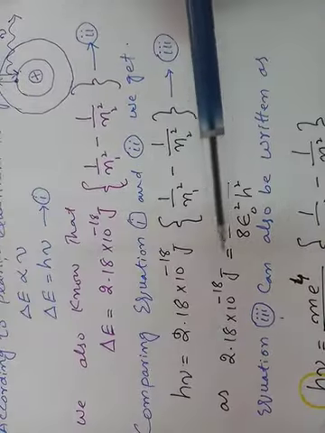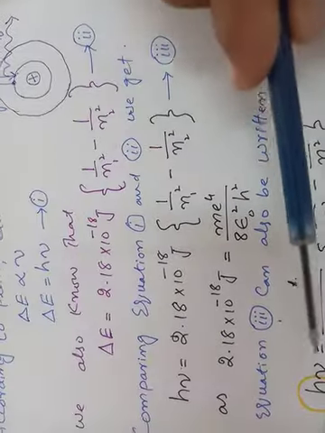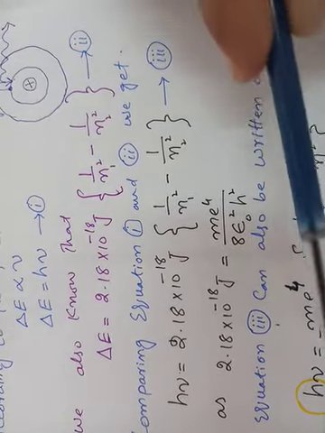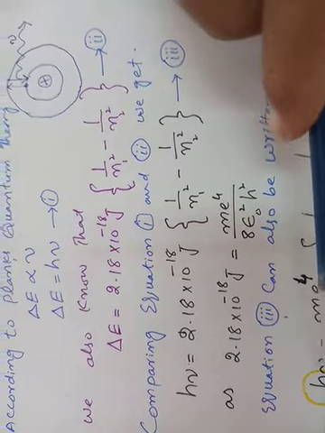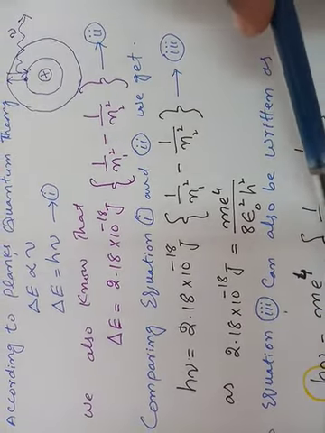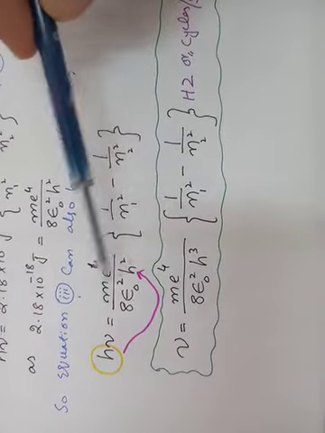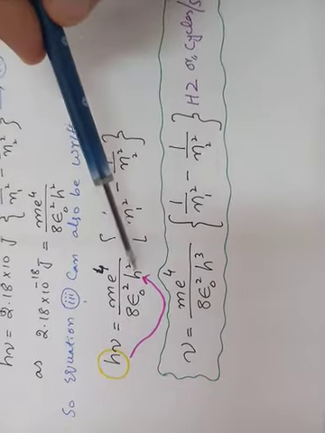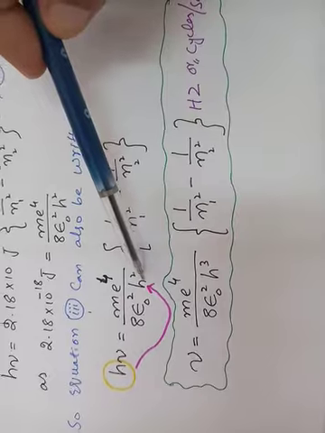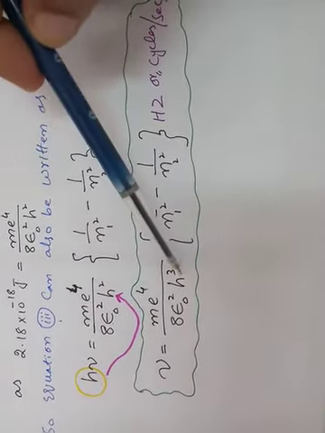By replacing the value by their constants, we get h nu is equal to me^4 over 8 epsilon naught square h square. In order to isolate the frequency, we shift this Planck's constant here. h square was already present, and when this h comes into the denominator, they get multiplied and we get h cube.